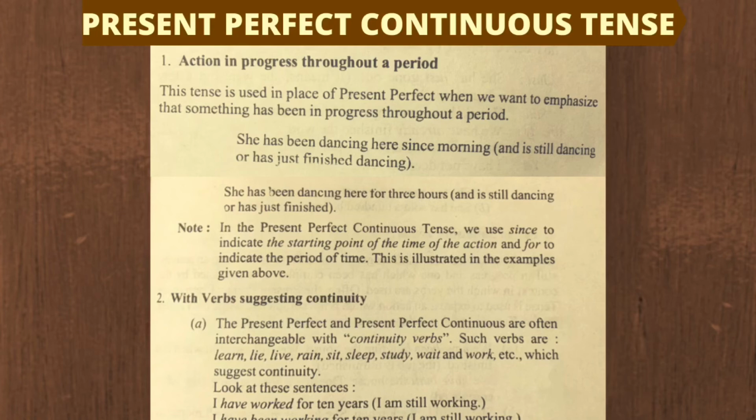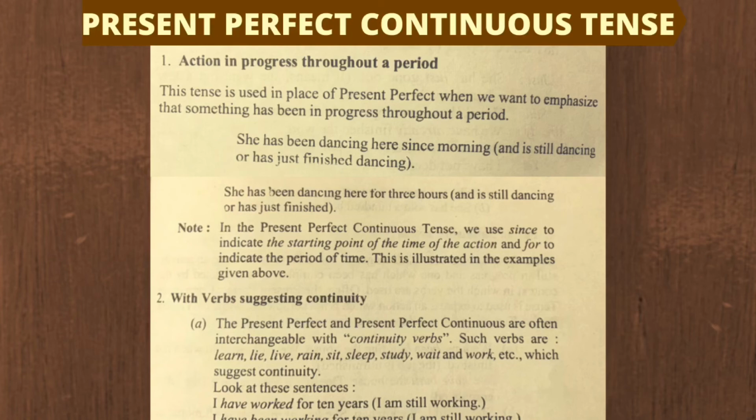Point 2. With verbs suggesting continuity. The present perfect and the present perfect continuous tense are often interchangeable with continuity verbs. Such verbs are learn, lie, live, reign, sit, sleep, study, wait, work, etc., which suggest continuity. Look at these sentences. I have worked for 10 years.